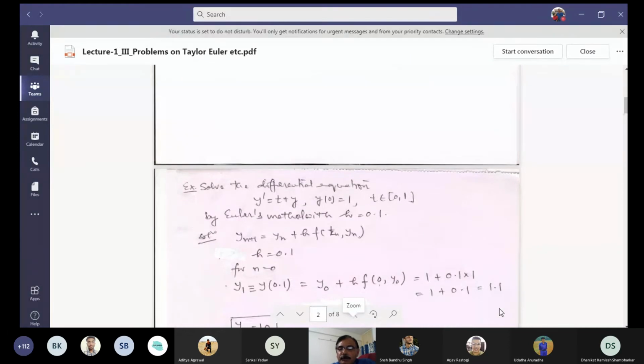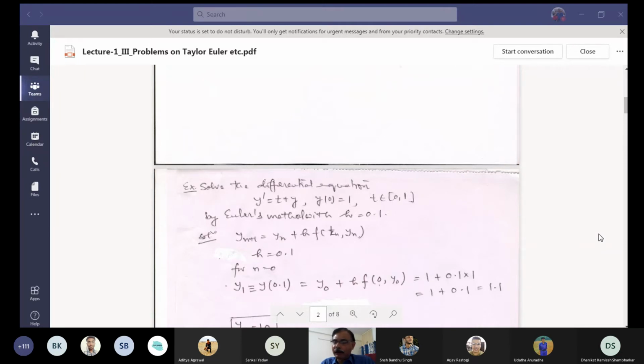Now I think it is visible on your screen. Whether the problem is visible? Yes, sir, that is the same t plus y problem. Exactly. So you apply the midpoint method on this, and y1 is already calculated here using the Euler method.